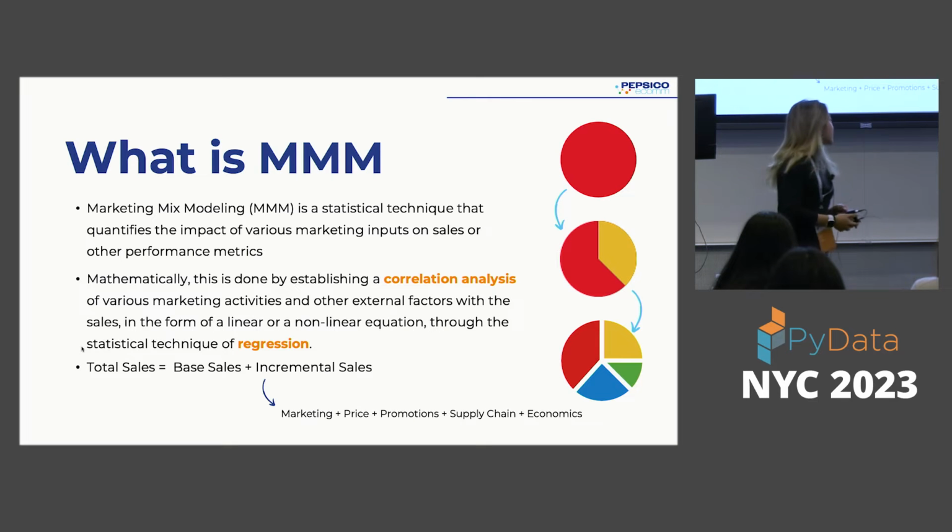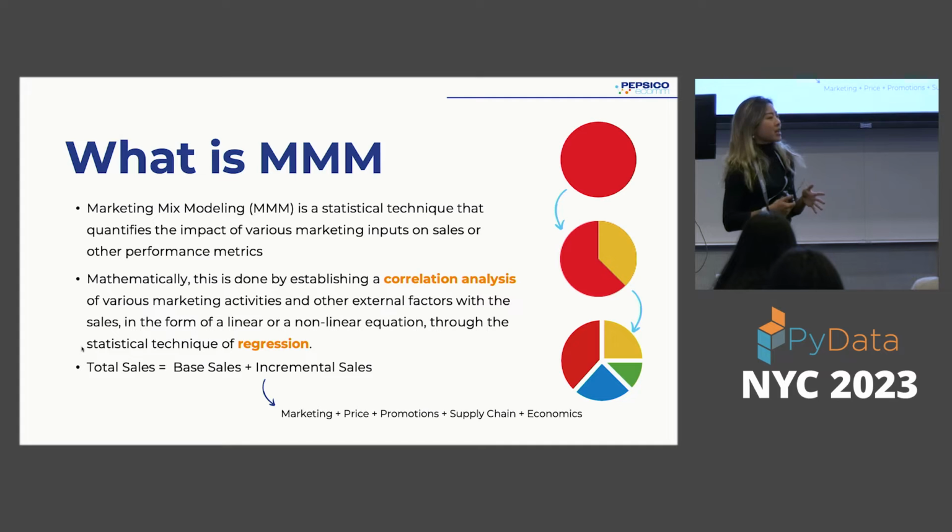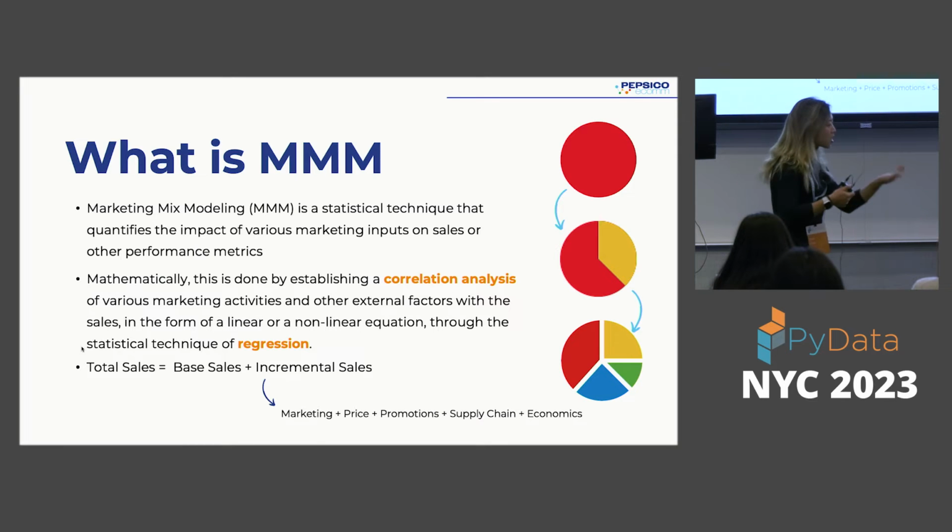And in our project, in our efforts, we opt for the MMM approach. But what exactly is MMM? Marketing mix modeling is a statistical technique that can quantify the different impacts of your marketing inputs on sales or other performance metrics you want to evaluate.